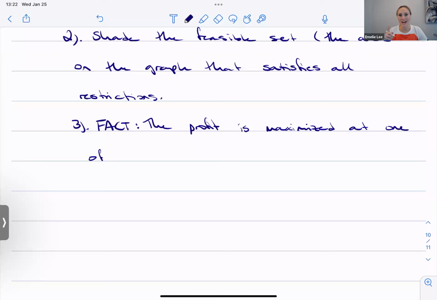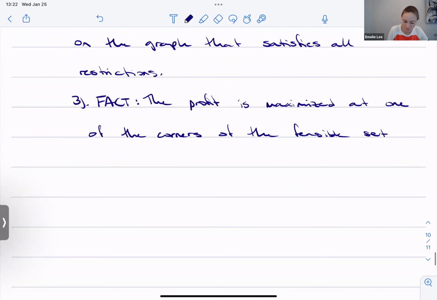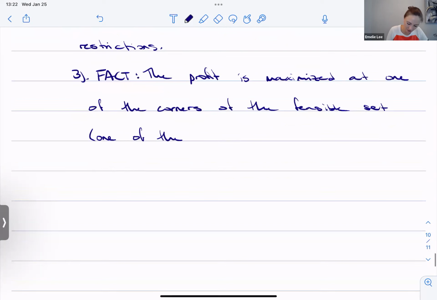You could have a tie, right? But usually we don't. So one of the corners of the feasible set, which is really one of the intersections.